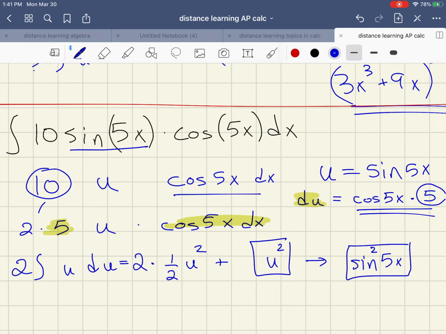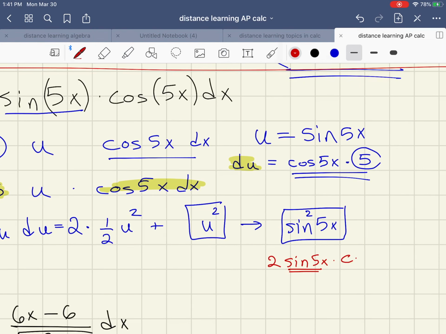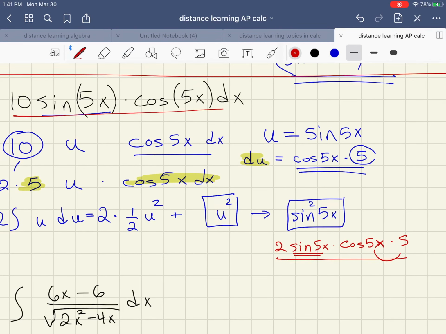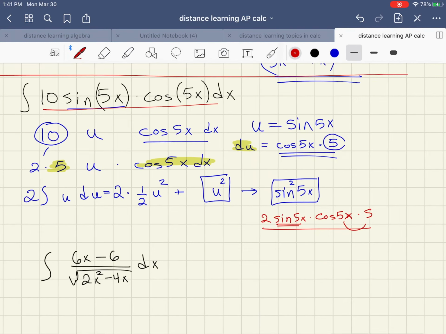So there's my answer. And if I did the derivative, I'm going to do 2 sine 5x times the derivative of sine of 5x, which is cosine 5x, times the derivative of 5x, which is times 5. And guess what? Same as the original function.